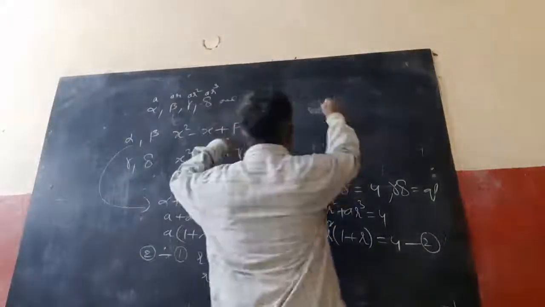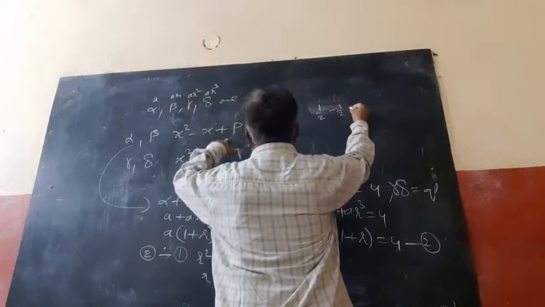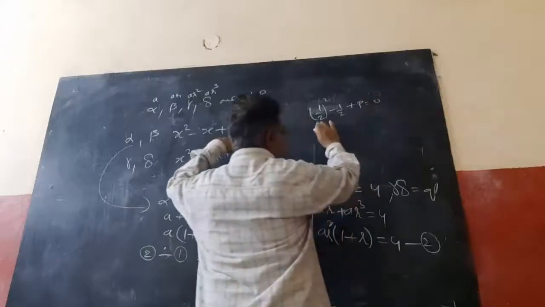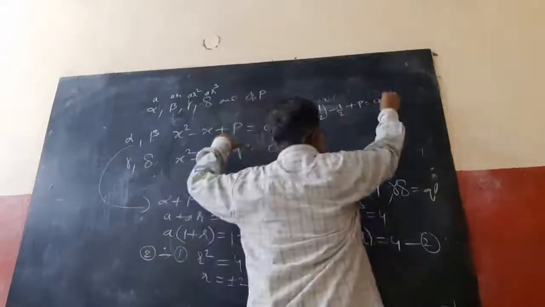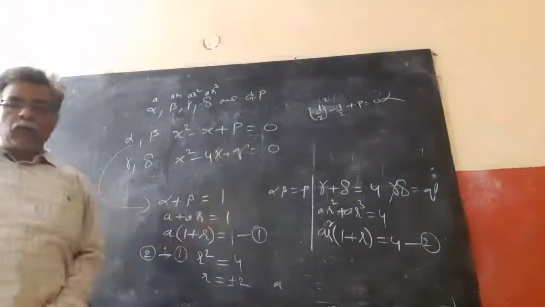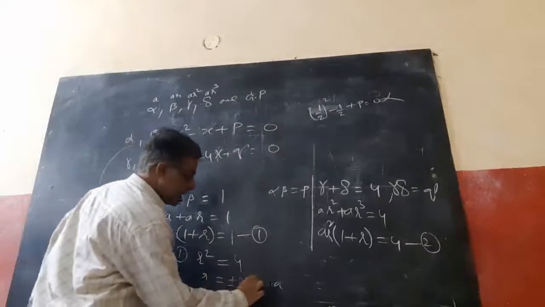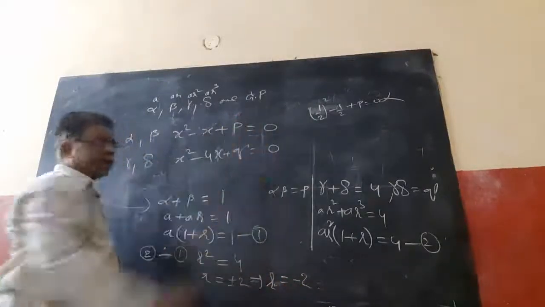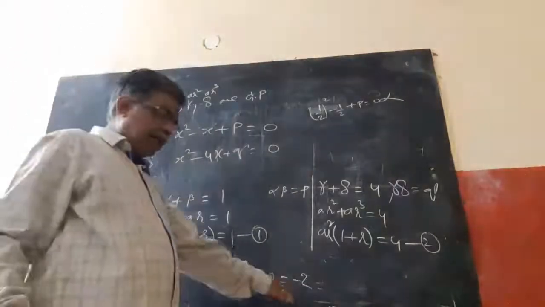Then if I substitute, 1 by 2 whole square, 1 by 4, minus 1 by 2 plus p equal to 0. Now p equal to, we will get 1 by 4 minus 1 by 2, a fraction. But it is saying p, q are integers. So that is not the answer. If R is plus 2, I am getting p as a fraction. But it is saying p, q are integers. So R must be minus 2.